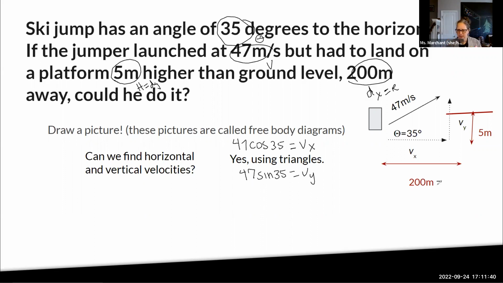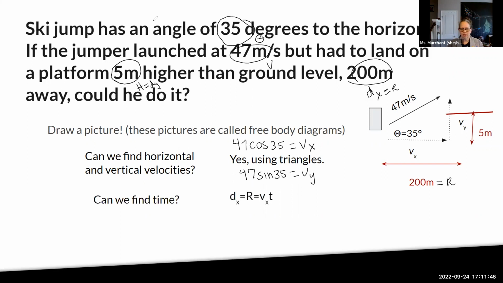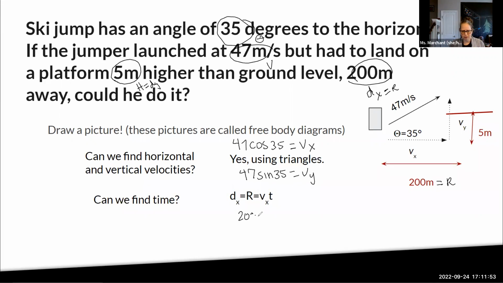I have range. What is that range formula? Range is equal to velocity in the x times time. I know my range. It's 200. I know my velocity in the x. It's 47 times cosine of 35. So I just need to use that to find my time.